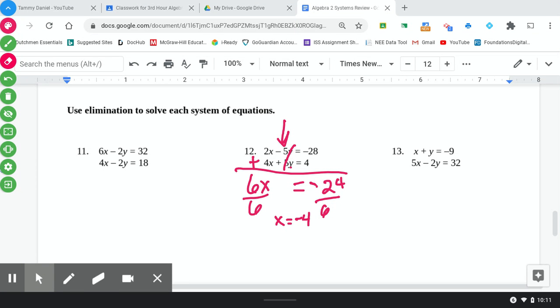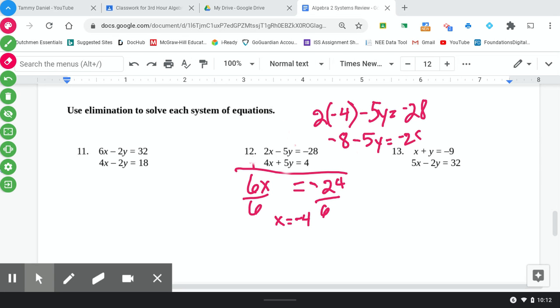So now we take our negative 4, and we plug it back into either one of these equations. I'm going to just do the 2x one here. So 2, and then instead of x, I'm going to put negative 4 because we know that's what it equals now. Minus 5y equals negative 28, which is negative 8 minus 5y equals negative 28.